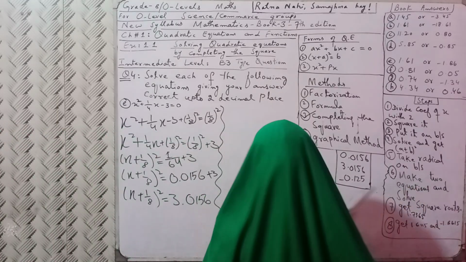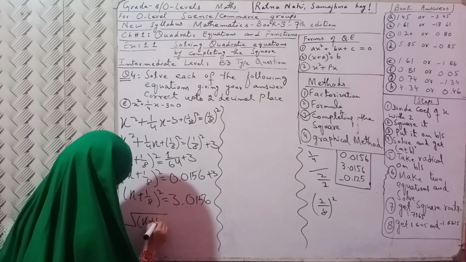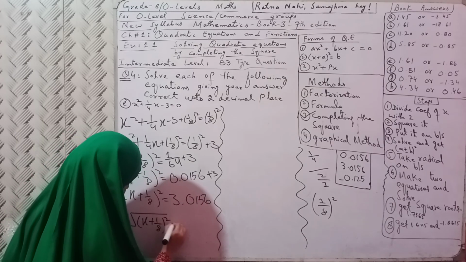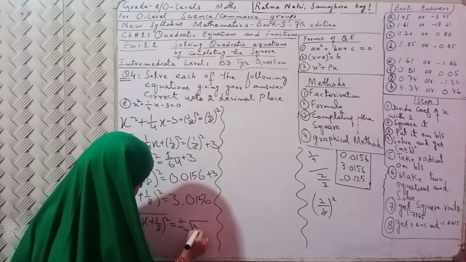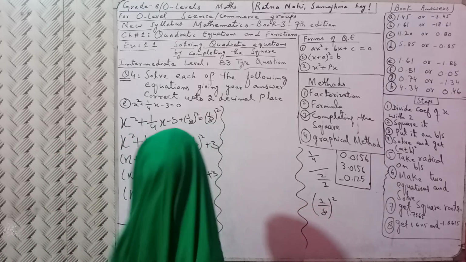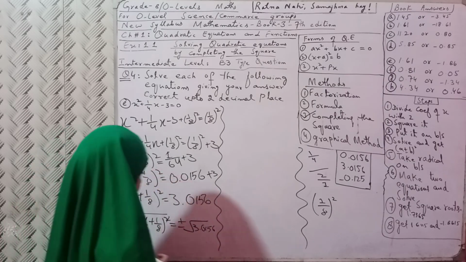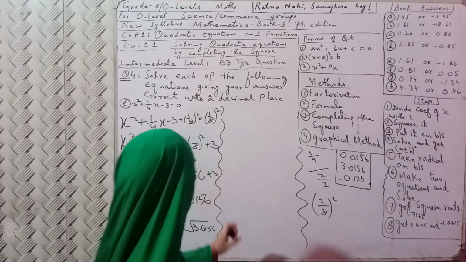Now, take radical on both sides, okay. x plus 1/8 is equal to plus minus radical 3.0156. Now this will be cut. Then make two equations and solve, okay.